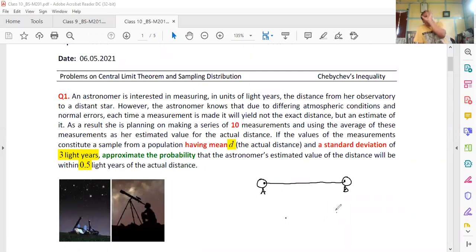Now, if you compare the distance that you have measured each time with my presumed distance, you will find a value, which is the difference between the estimated distance and the observed distance. This is the error. Sometimes it is large, sometimes it is small, sometimes it is positive, sometimes it is negative.